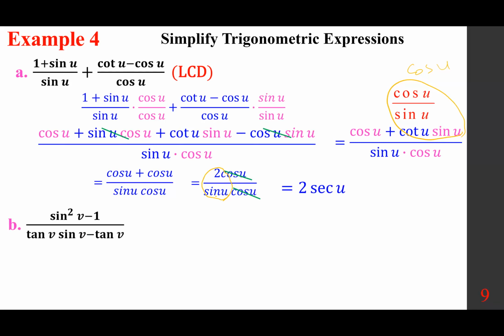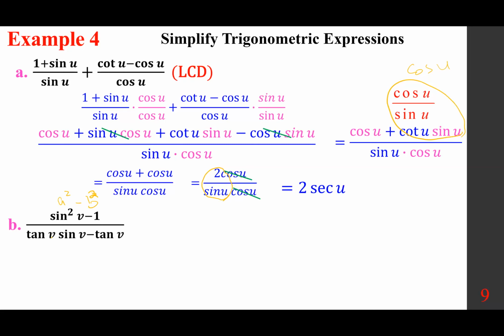Sine squared v minus 1 over tan v sine v minus tan v. Factoring is the key. Clearly, factoring is the key. And as you can see, this is a squared minus b squared. Sine squared minus 1 squared, right? Sine v plus 1, sine v minus 1.